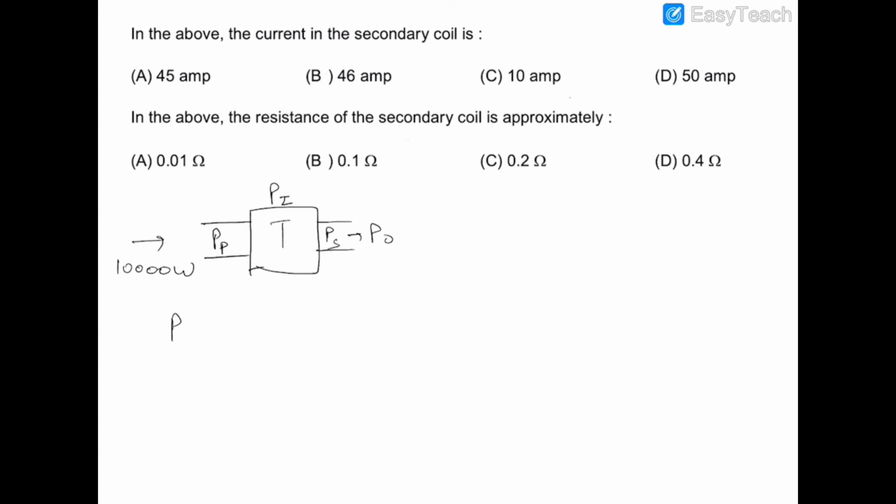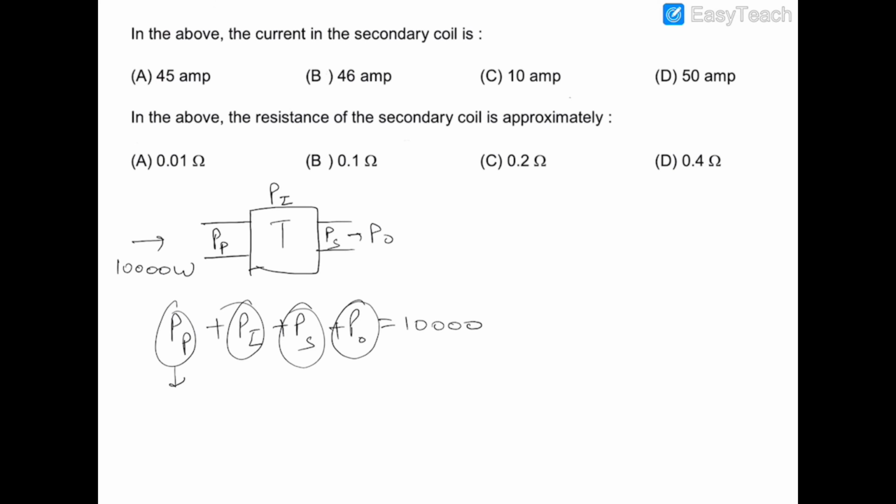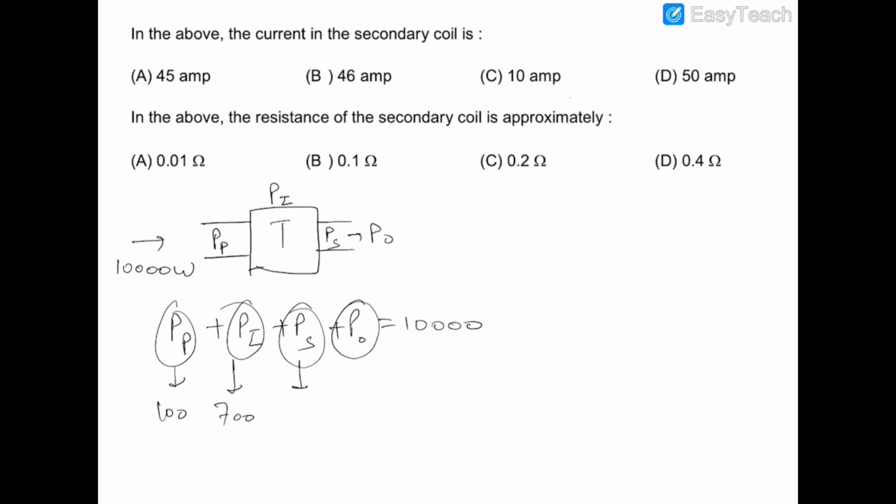So PP, the total primary power loss, plus power loss in the iron core, plus power loss in the secondary coil, plus output power is equal to input power, which is 10,000 watts. We have already calculated the losses: this is 100, this is given as 700, this is 200 watts, and therefore the output is 9000.